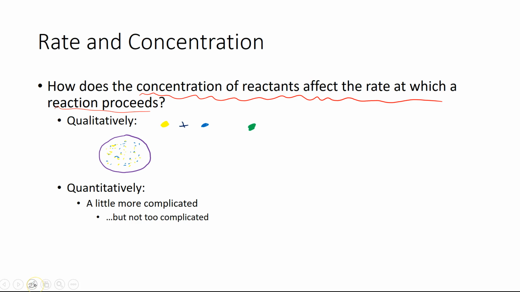And so what we would expect to see in this process is, because my reaction container here has lots and lots of yellow and lots of blue, I would expect there to be lots and lots of collisions between those particles. And so initially, at the beginning, my rate of formation of green is going to be high.